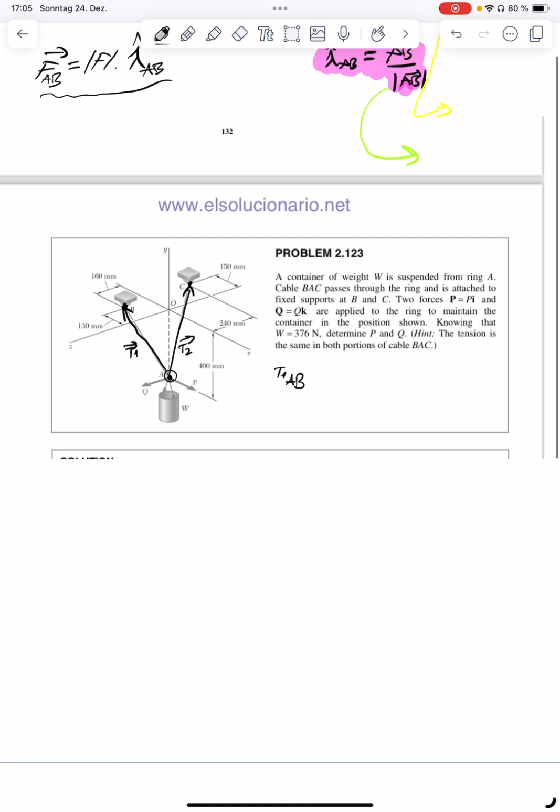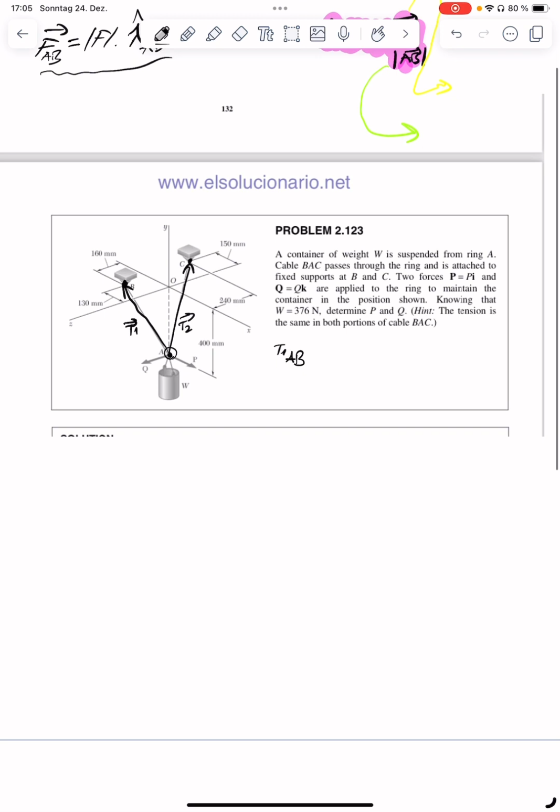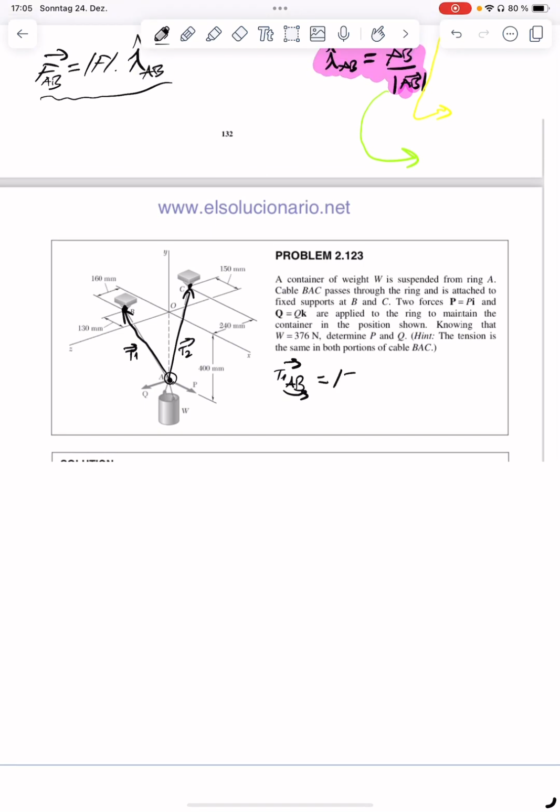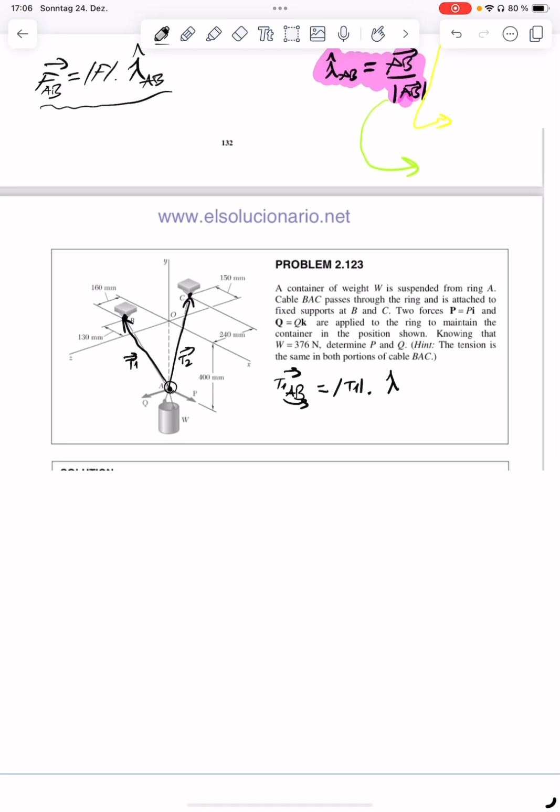You must be careful, because if there is a mistake here, you can make mistakes in all of the questions. So you must be careful. And from A to B, there's the magnitude of T1 cross lambda hat AB.